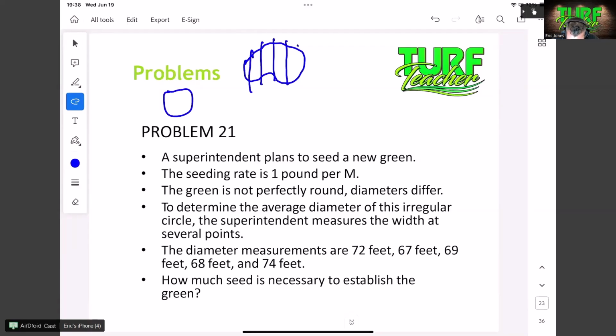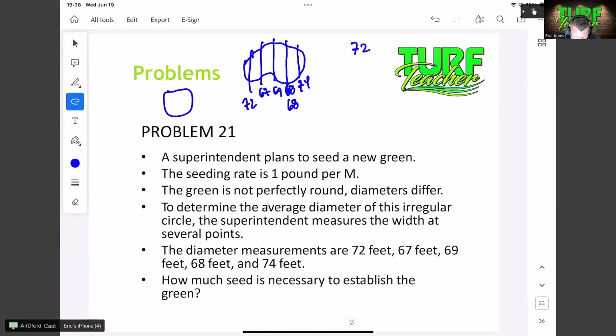I know the math may not match how I'm drawing it, but that's basically what the superintendent's doing. He's got one that's 72, and one at 67, 69, 60, 68, and then 74. But you get the gist. My lines are a little shorter and longer than they need to be for certain ones. But they add all these up.